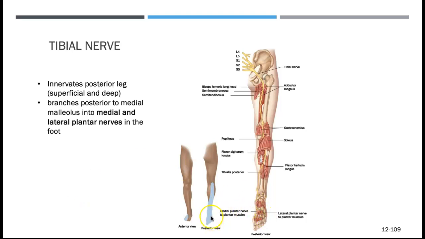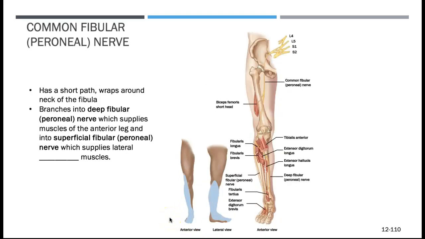And you can see it gives some cutaneous innervation here in the posterior leg and just a bit of the anterior foot. Now for that common fibular. So as we said, common fibular is a part of the sciatic nerve that is extending down the posterior thigh. And then once we get to the popliteal fossa, that sciatic nerve bifurcates and we have that common fibular nerve set free.